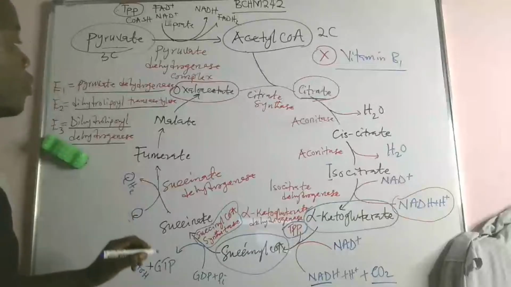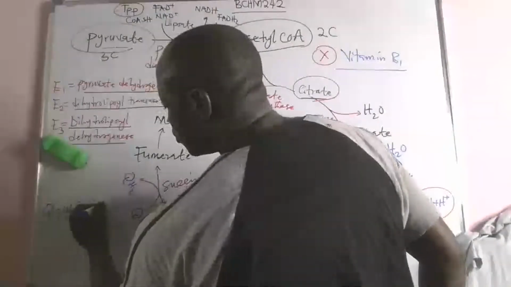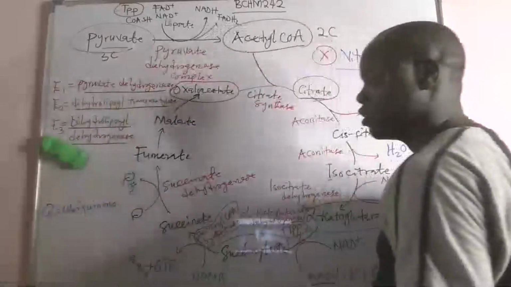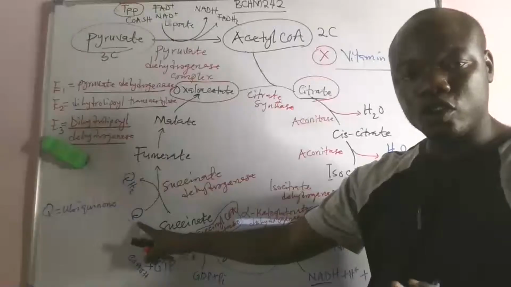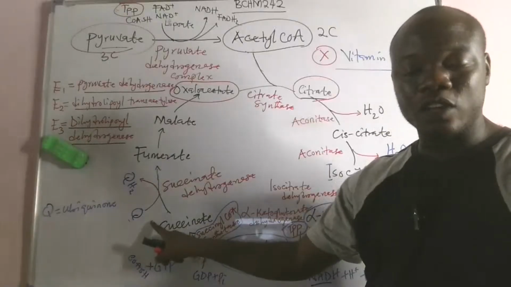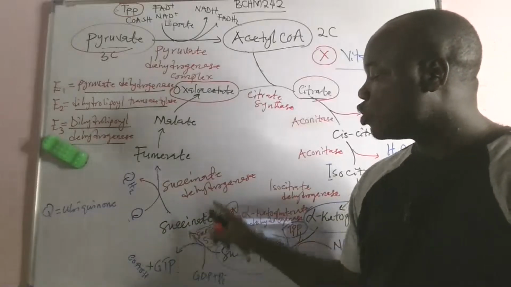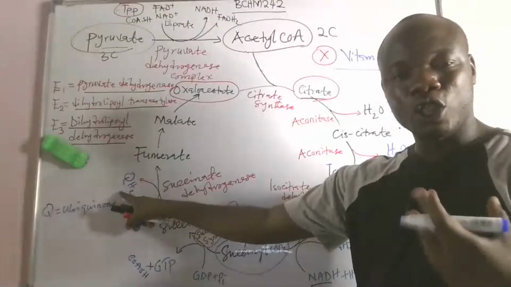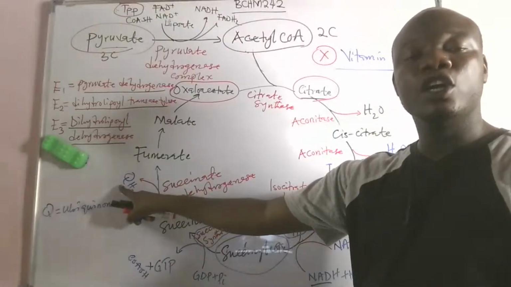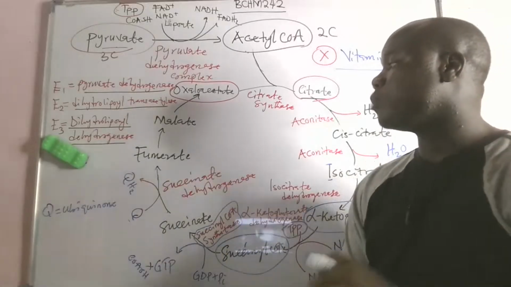The Q stands for ubiquinone. Ubiquinone is oxidized, meaning there is no hydrogen when it enters the cycle. Then, of course, 2 hydrogens are removed from succinate and loaded onto the ubiquinone. That is why we have reduced ubiquinone QH2. So it produces fumarate.